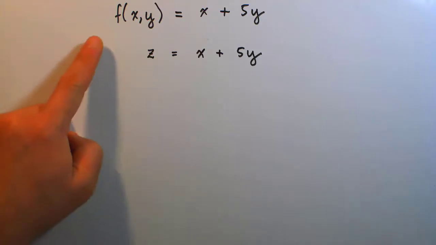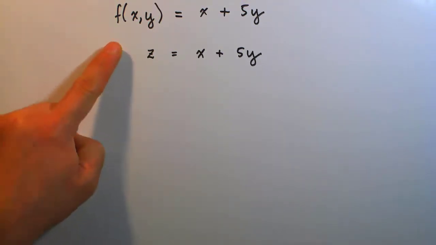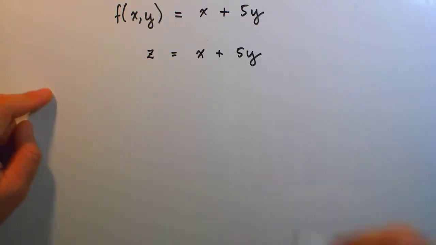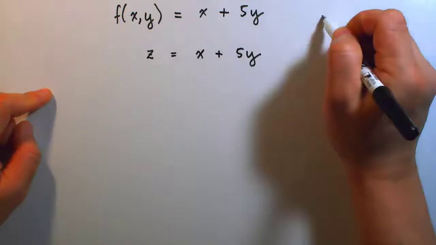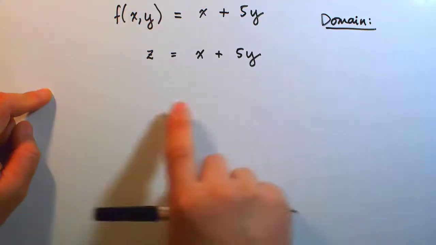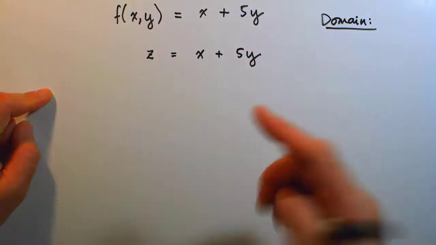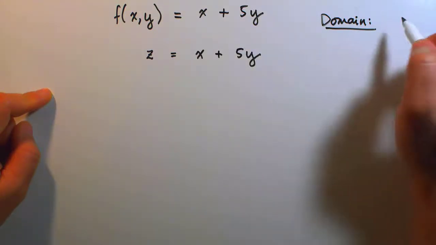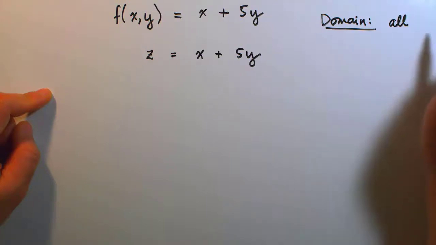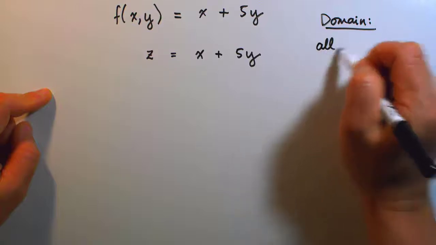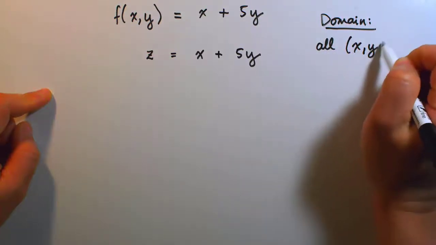Realizing that any linear function in two variables has such a large domain, I just now said that the domain for any linear function, this function or any other linear function in two variables, is simply all pairs of x and y values.